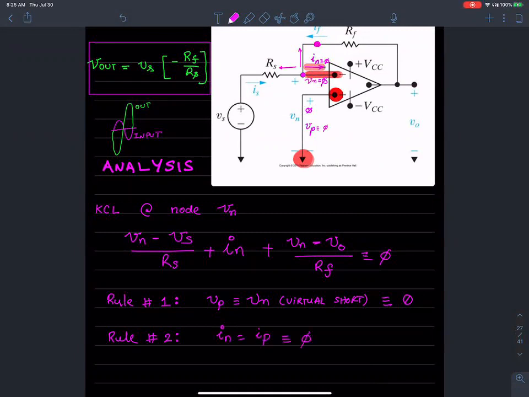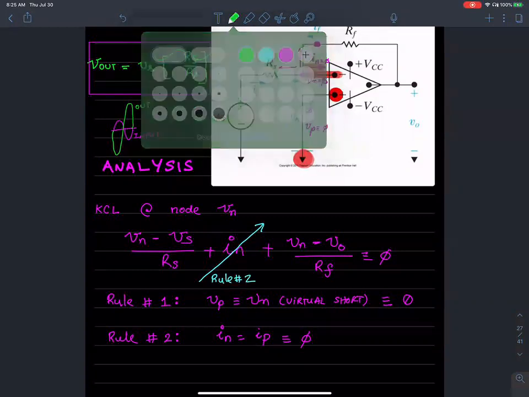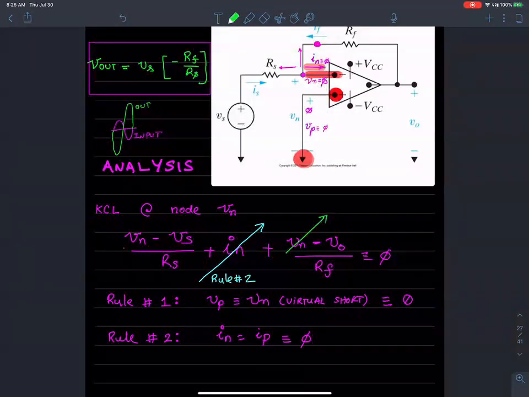So if I apply these two rules, one of these is going to go to 0 because of rule number 2, which dictates that IN is 0. Similarly, VN is going to go to 0 as well because of rule number 1. Remember rule number 1? VP shows up on VN as well. VP is 0 over here.